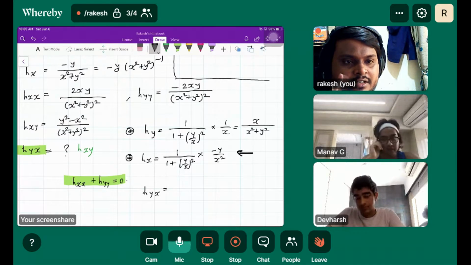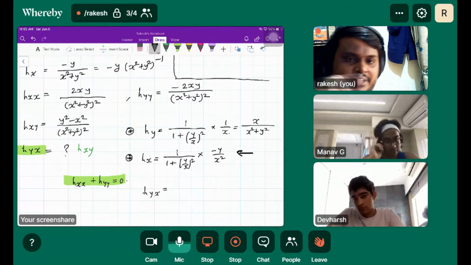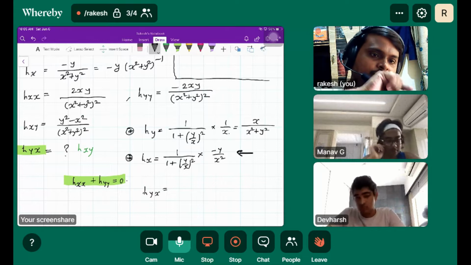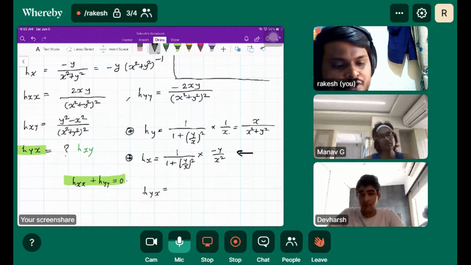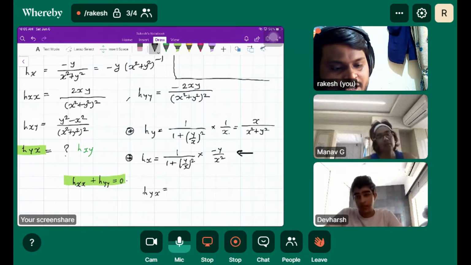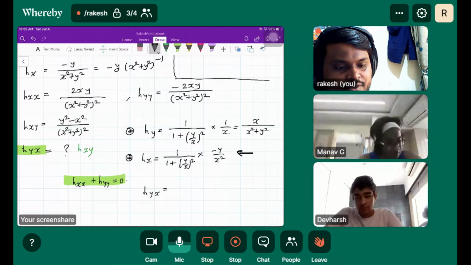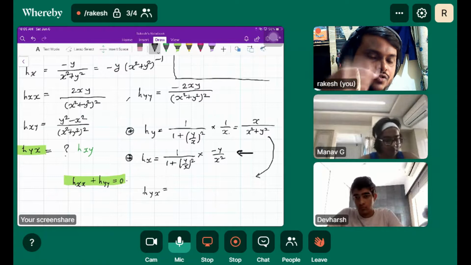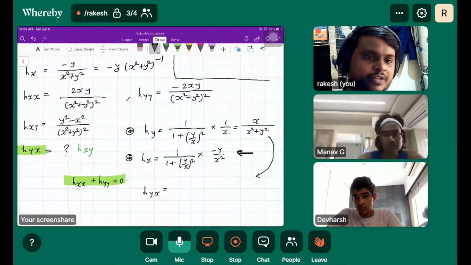When you take the LCM, x square goes up, and one x cancels out from the denominator, so x over x square plus y square. Now since x is variable here, a variable is present in numerator and denominator both, so we have to apply the quotient rule.